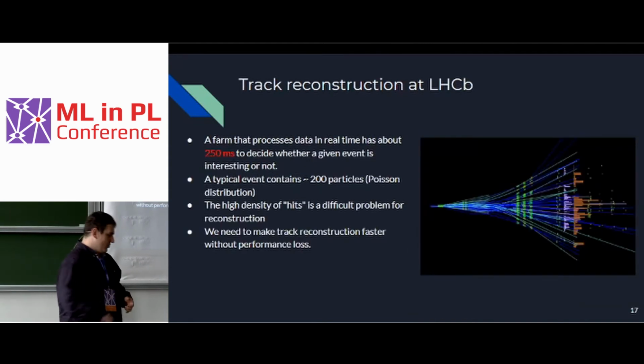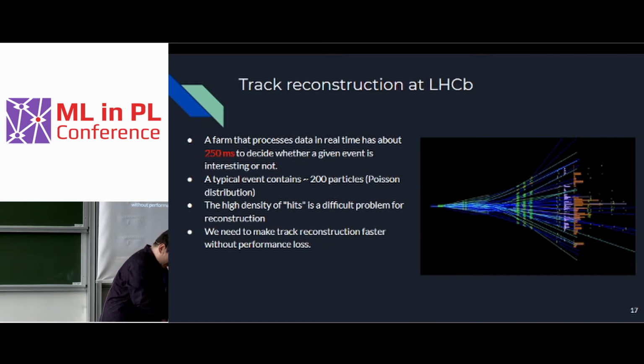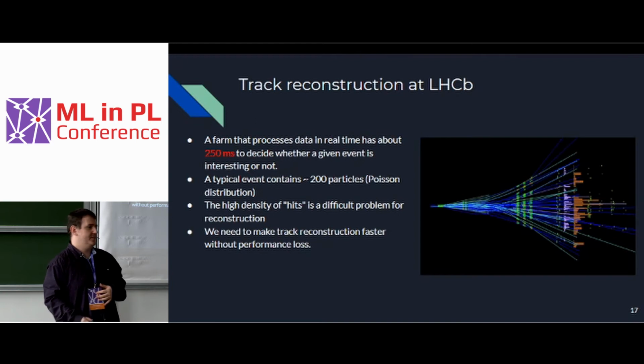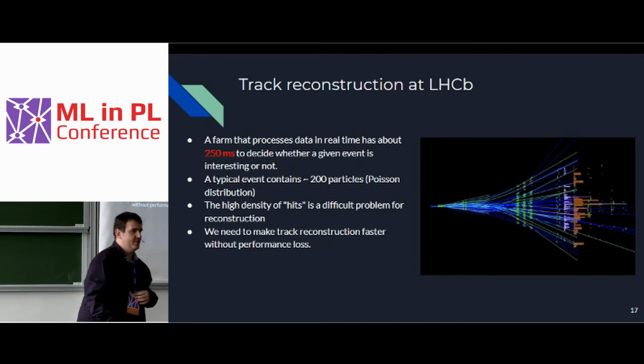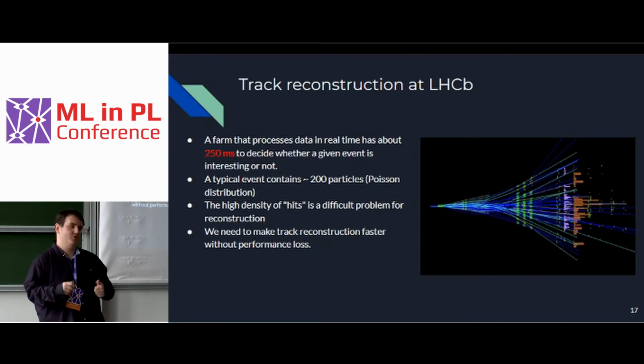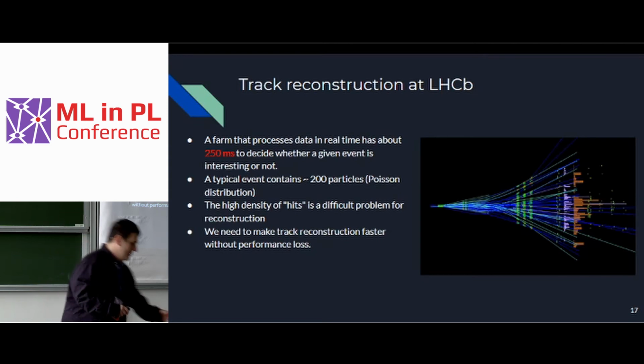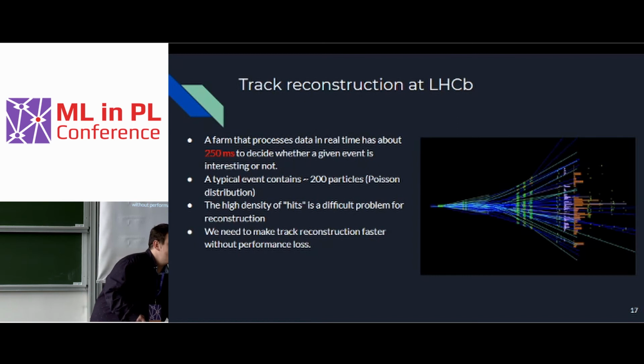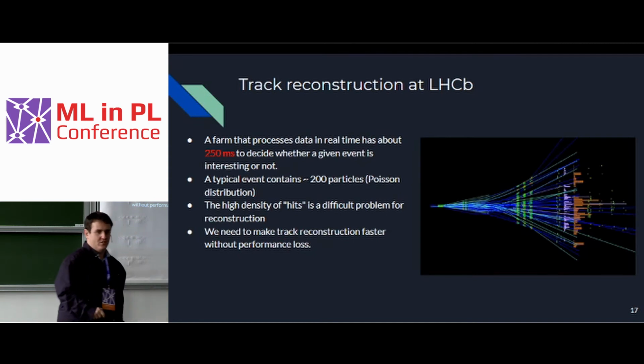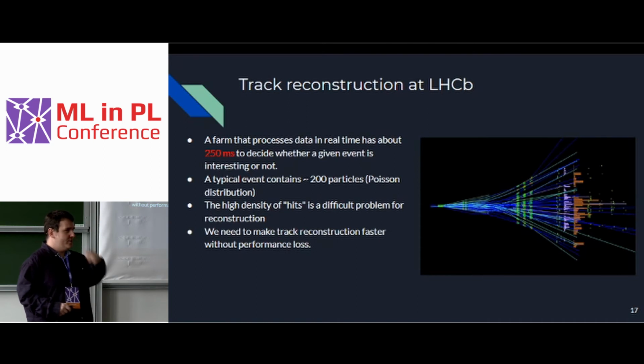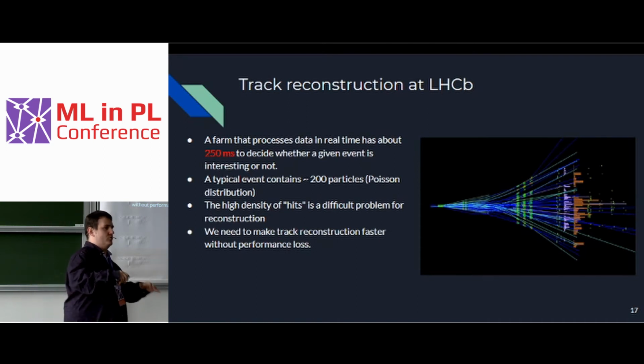Okay, so I'm going to talk about probably one of the last applications, and this one is very close to my heart because it was a part of my PhD thesis. As I said, we don't want to keep everything.